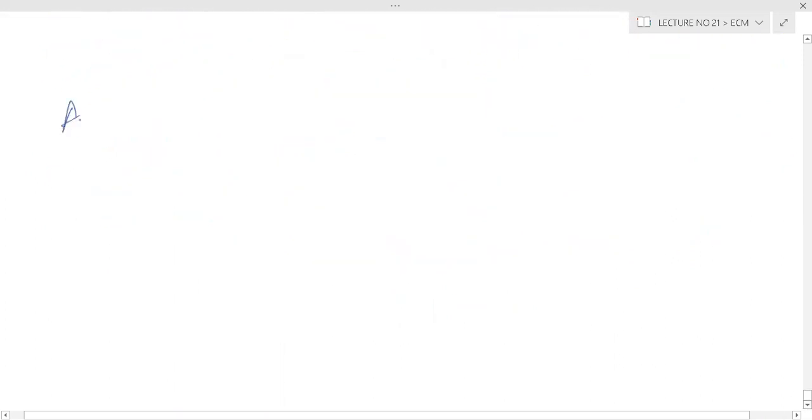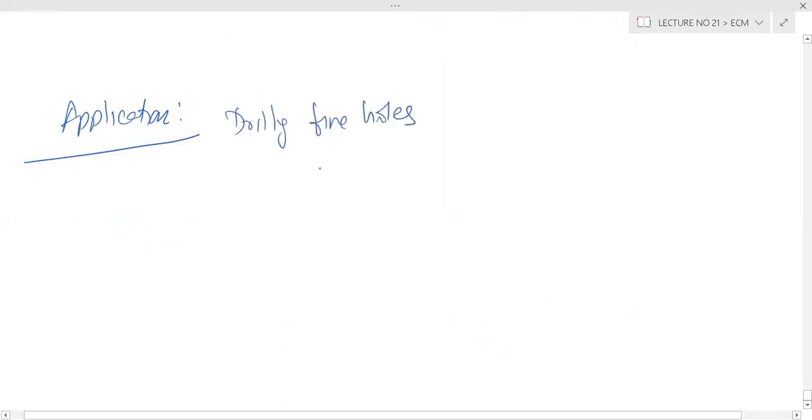Now the application. What is the application? Drilling fine holes, cutting narrow slots, right?